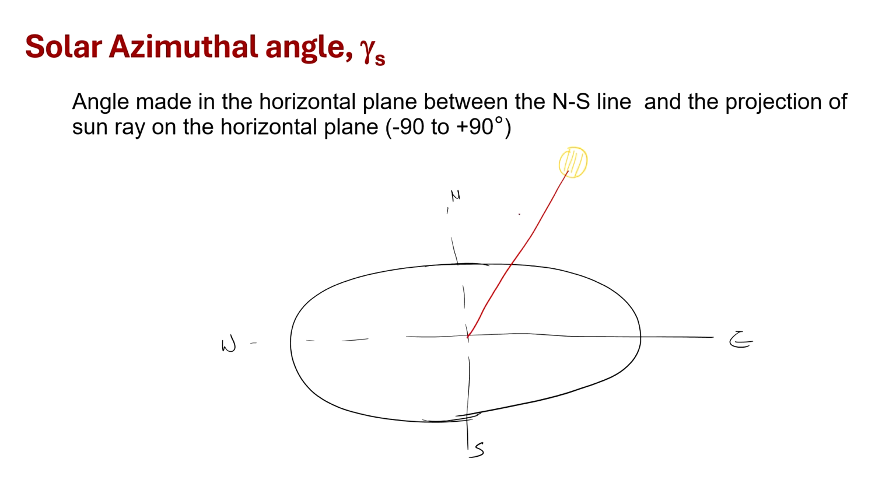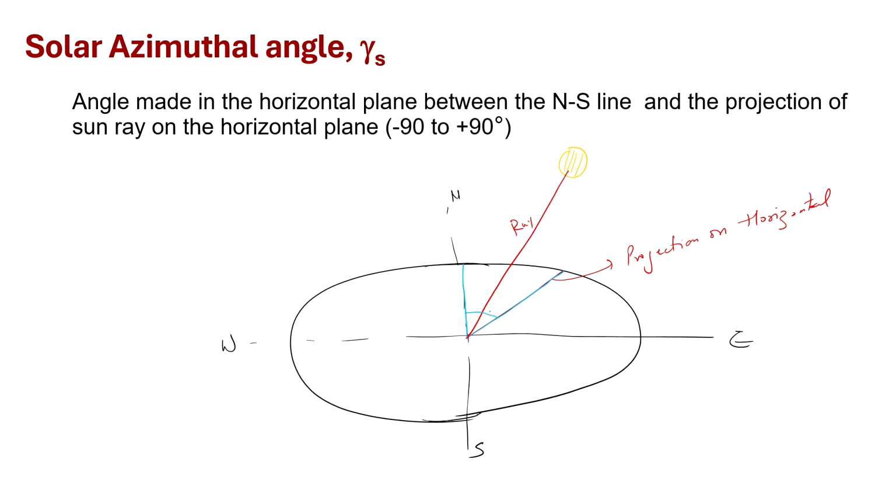So, this is your ray, this is the projection on the horizontal. So, what we are saying is that the angle made in the horizontal plane between the north south line and the projection of the sun ray on the horizontal plane, which means it has to be an angle between this and that.